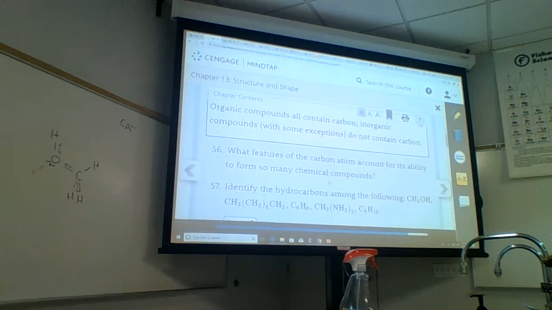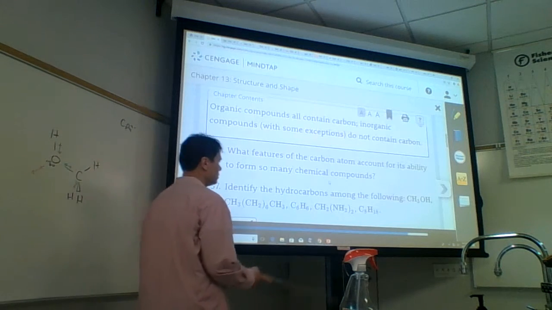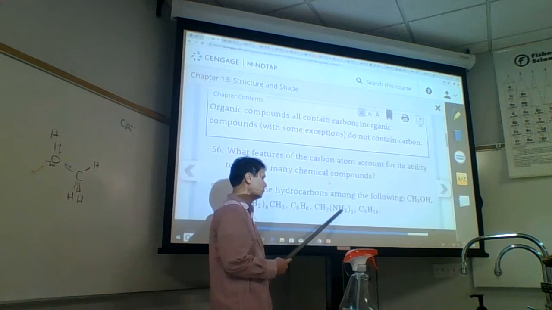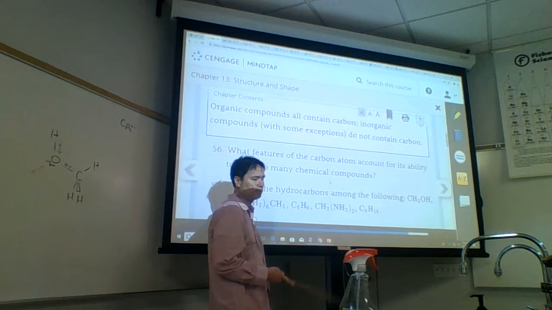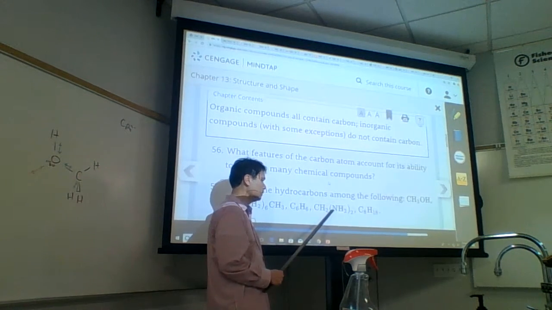Well, I guess nobody wrote it down, but it was called ethylamine. This is called an amine, A-M-I-N-E, amine type organic compound. It has nitrogen, carbon and nitrogen, hydrogen. Those are typical amines.